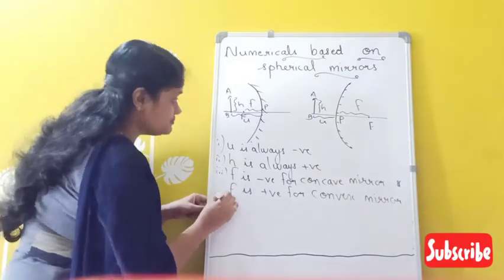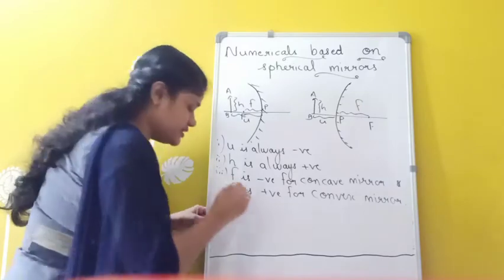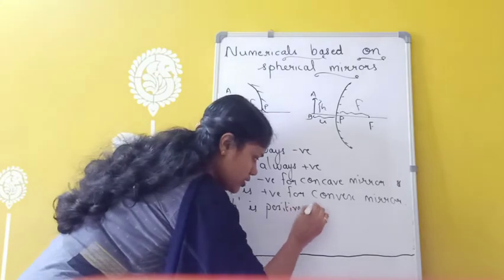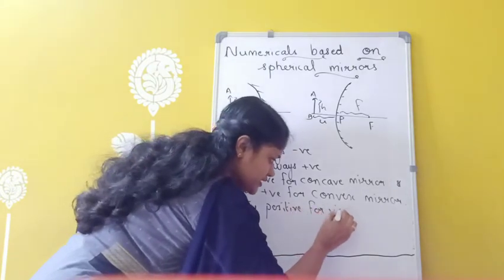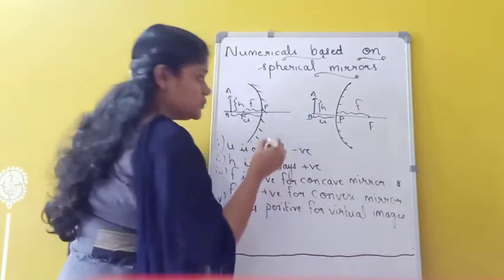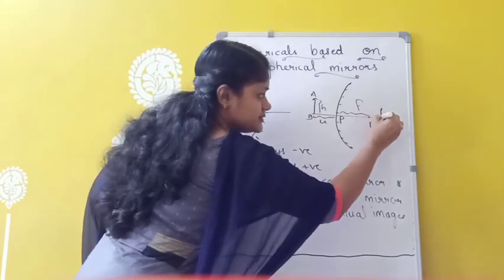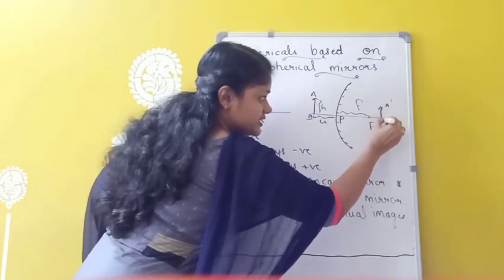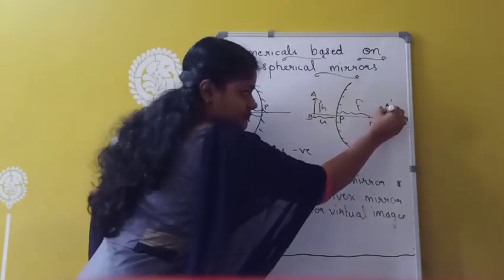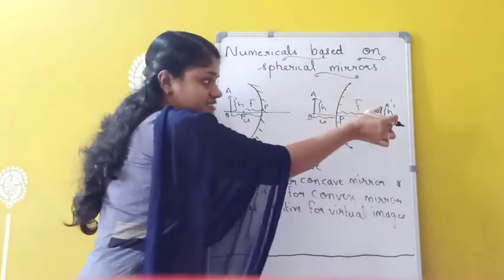Then fourth one, height of the image, h dash. H dash means height of image. H dash is positive for virtual images. Suppose in the case of convex mirror, we are getting the image above the principal axis, A dash B dash. This is h dash, and it is taken as positive because we are measuring above the principal axis, and this is a virtual image.